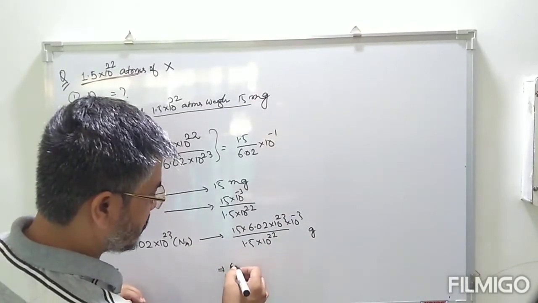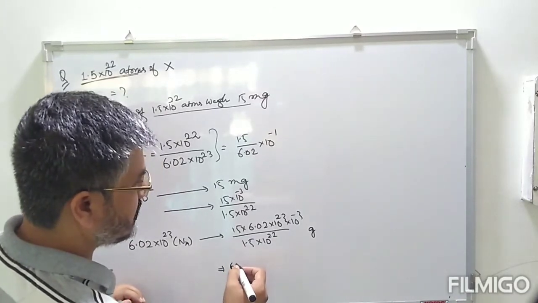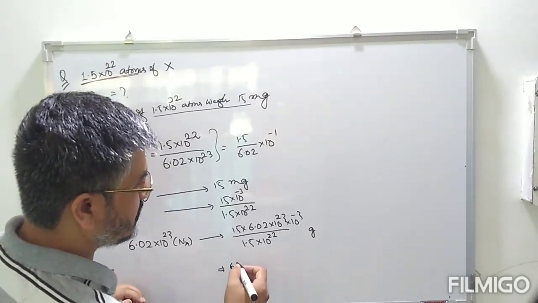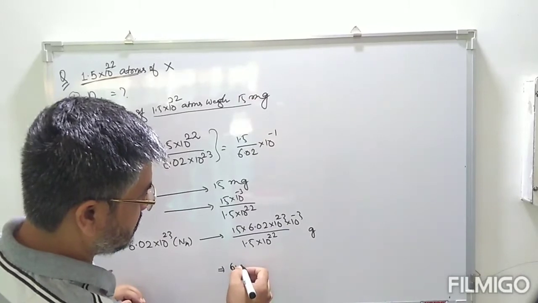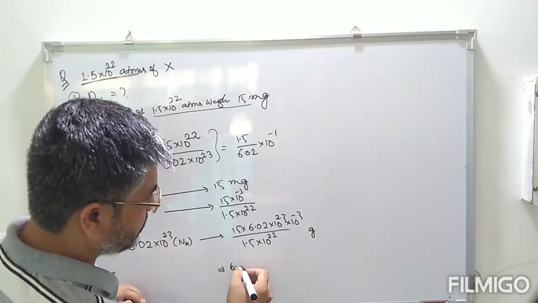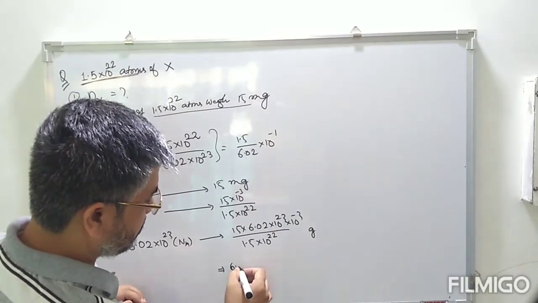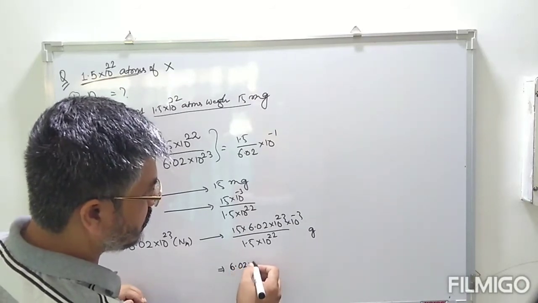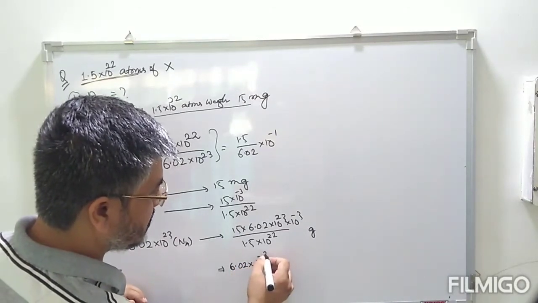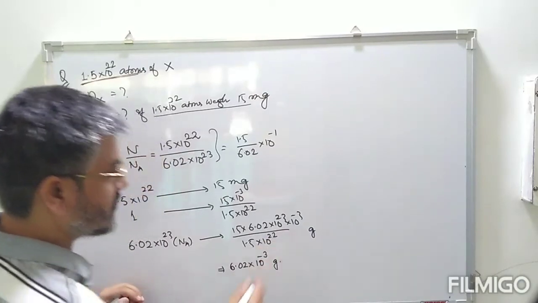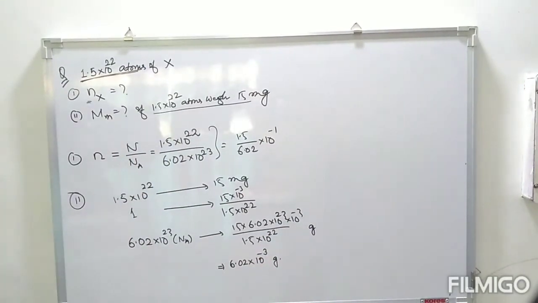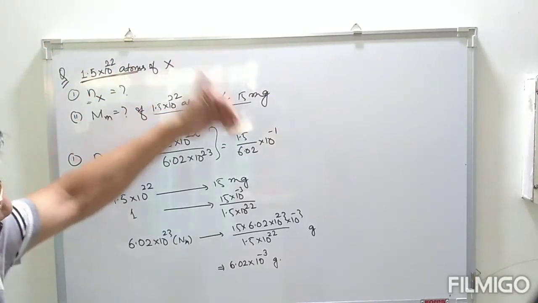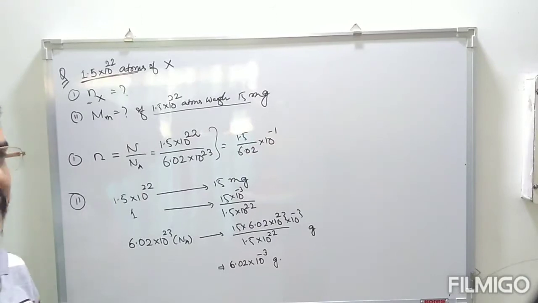So therefore 6.02 into 10 to the power minus 3. So this is how we convert the mass of certain atoms into molecular mass.